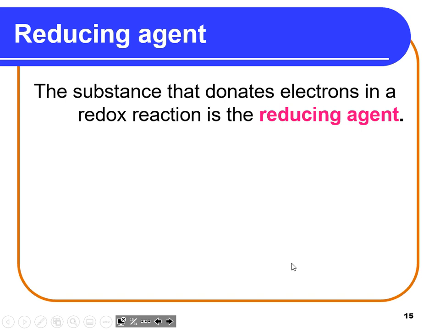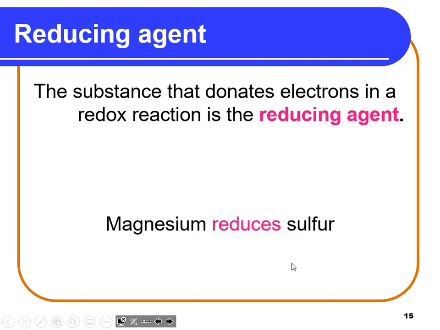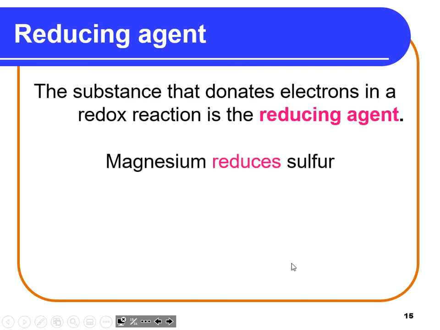Whatever is undergoing reduction is the oxidizing agent. So on our previous slide, what was undergoing oxidation? Magnesium, right? So the magnesium was undergoing oxidation. So going back here, we would say that magnesium reduces the sulfur. So the reducing agent is the magnesium.